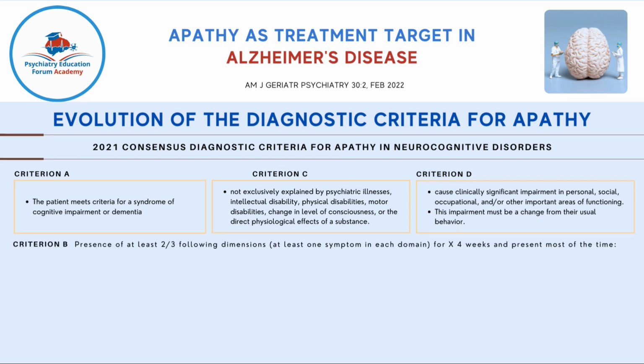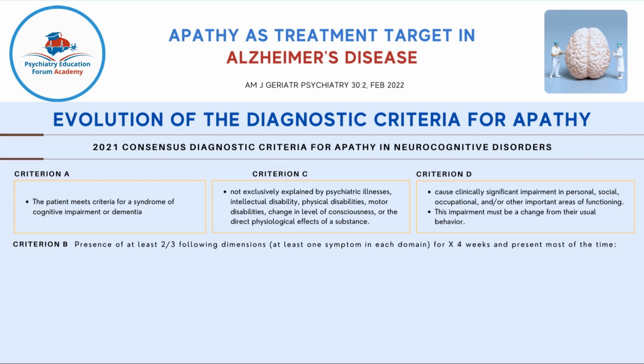Now, for criterion B, a patient should exhibit at least one symptom in two of the following three domains, B1 to B3, like it was for the last two criteria as well. These symptoms have been persistent or frequently recurrent for a minimum of 4 weeks and represent a change from the patient's usual behavior. They may be either reported by patients themselves or observed by others. You see how this was in criterion A before, right?